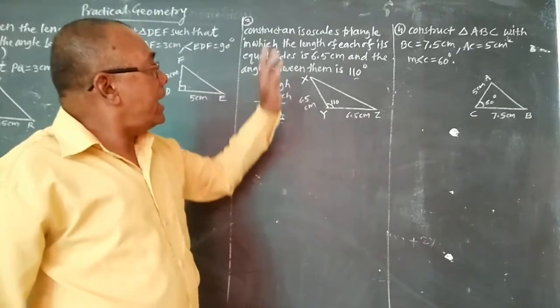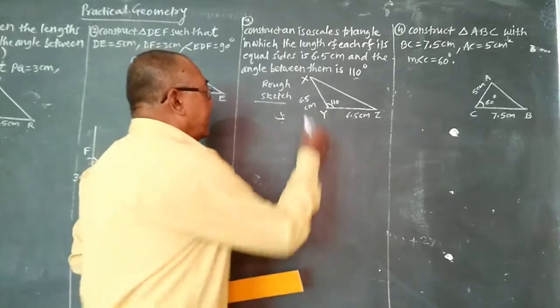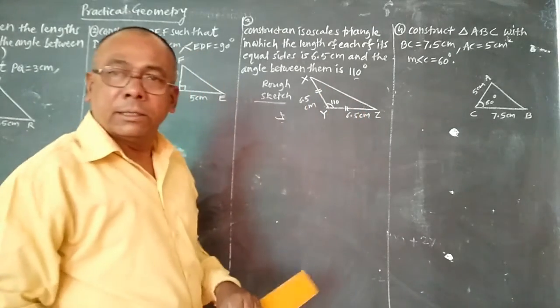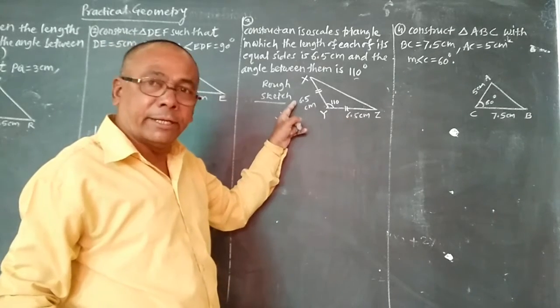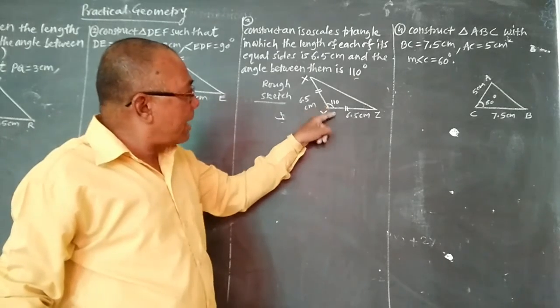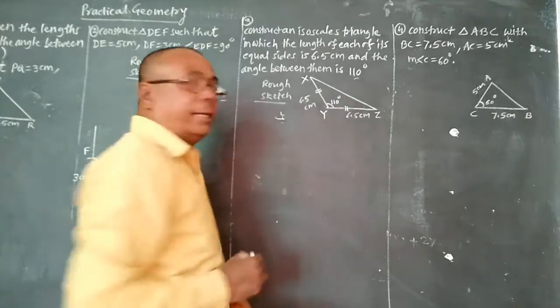Means the angle included by the equal sides, here XY and YZ are the equal sides of length 6.5 cm each, and the angle included by them is 110 degree. So that is 110 degree.